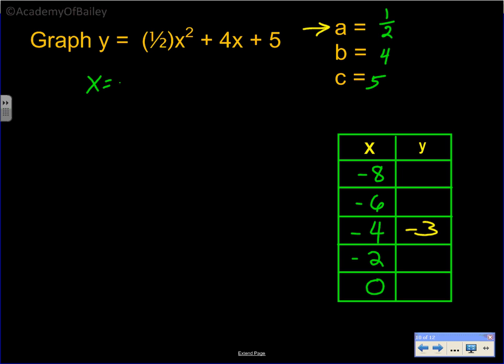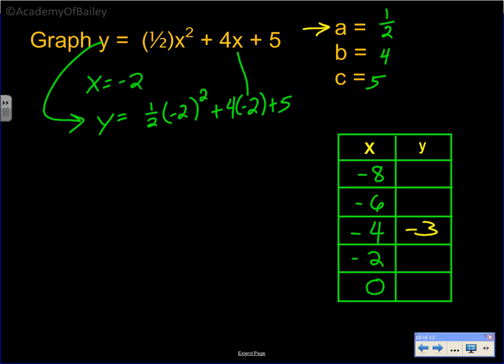X equals negative 2. I like working with smaller numbers. So if x equals negative 2, what's y going to be equal to? 1/2 of negative 2 squared plus 4 times negative 2 plus 5. I just substituted negative 2 in there for x.